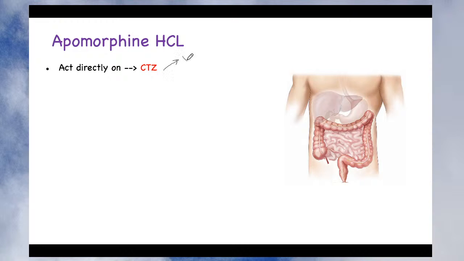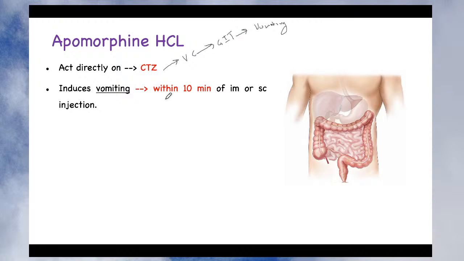The vomiting center will then activate your GIT for the expulsion of content from the GIT, and it may lead to vomiting. This is what is responsible for the emetic action. When it induces vomiting, that is very important, because once you consume the poison, the vomiting action should be very instant.